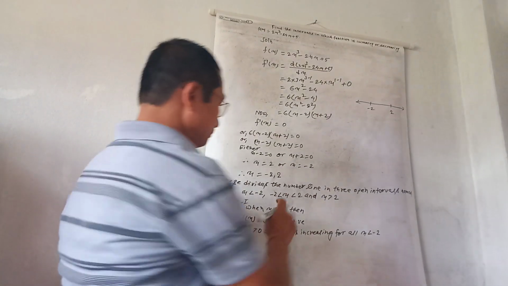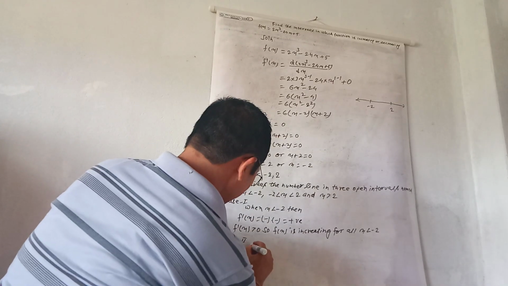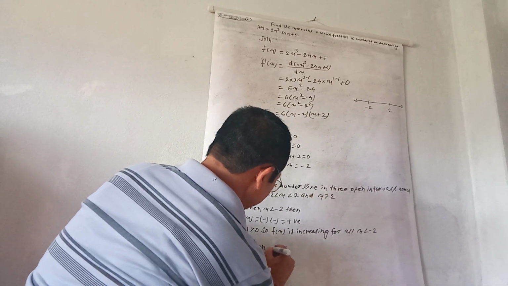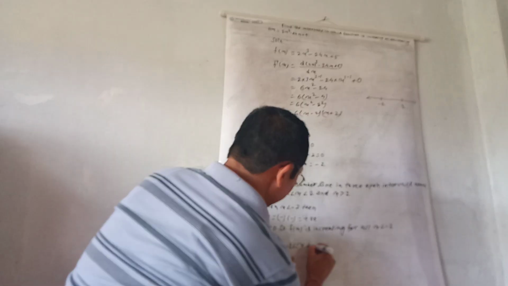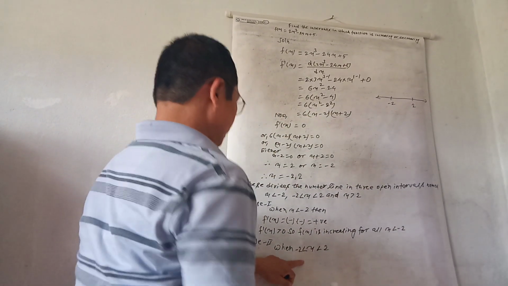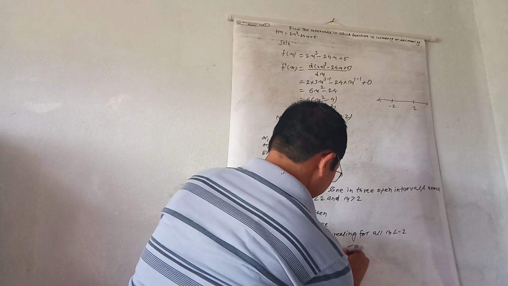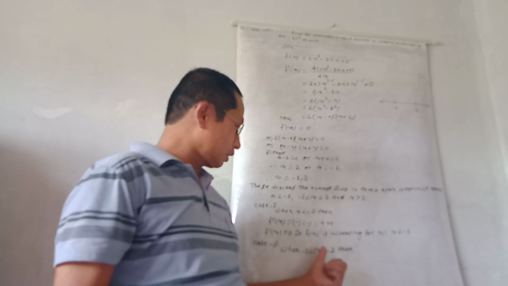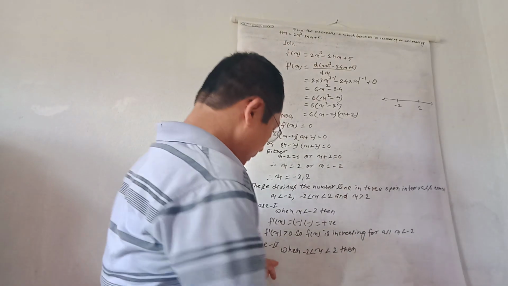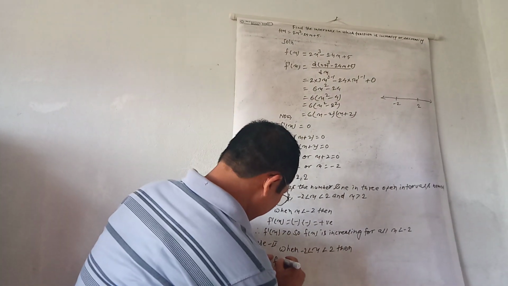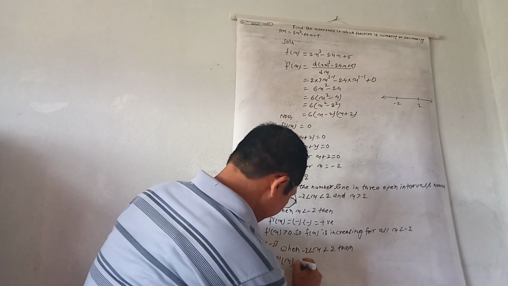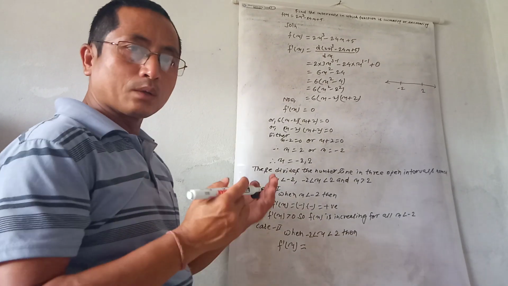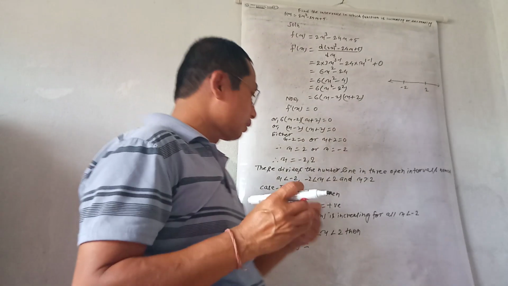In case second, when x is greater than -2 and smaller than 2, then for the first derivative f'(x), again we have to calculate the sign. Either the sign is positive or negative.